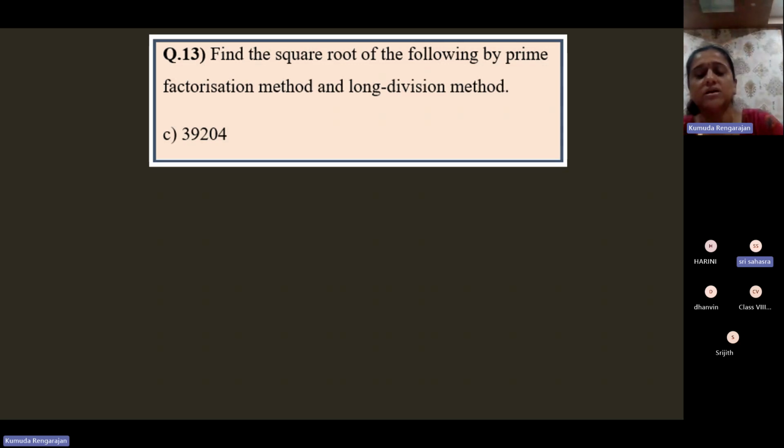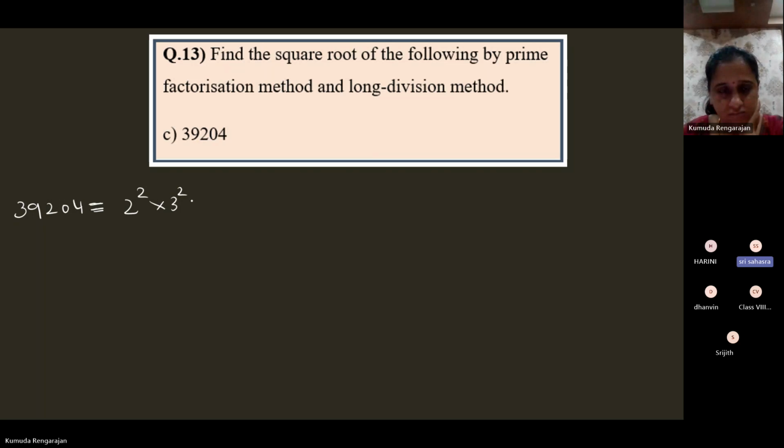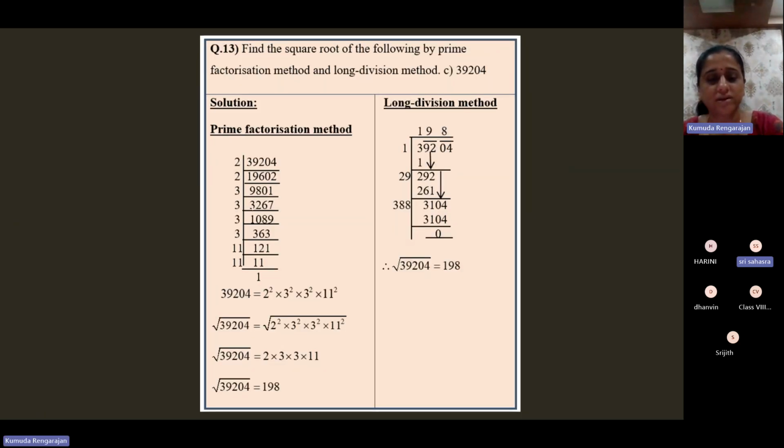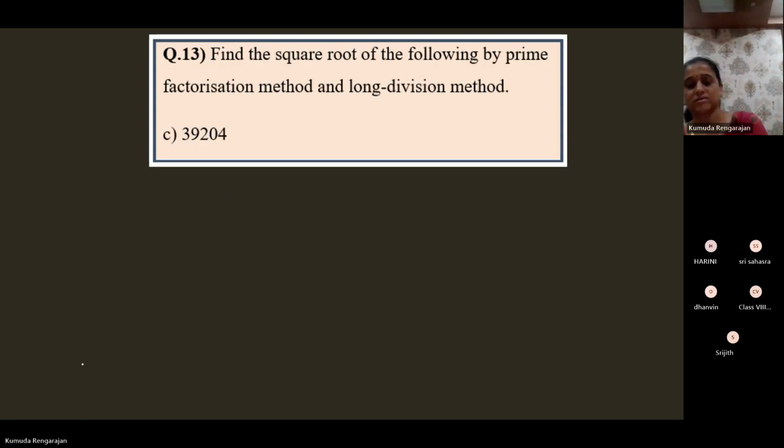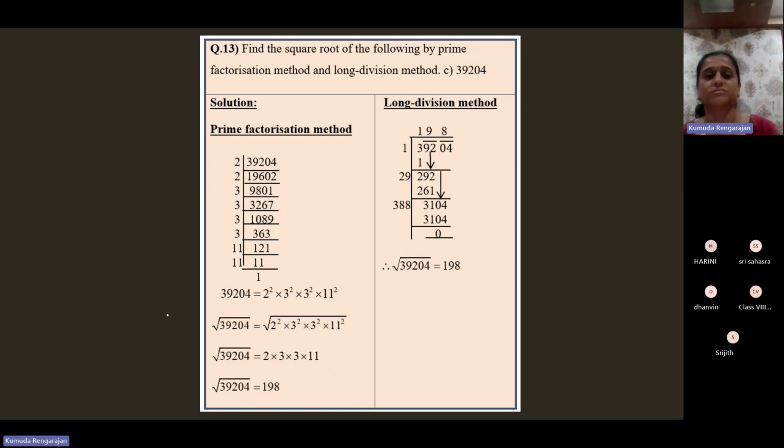You finished this? Okay, tell me, Sahasra. It's 198, ma'am. Yeah, correct. Have you completed the prime factorization method? Yes, ma'am. How do you express this number as a product of its prime factors? 2 into 2 into 3 into 3 into 3 into 3 into 11 into 11. All right, let's check. Very good. Very nice. Correct. Yeah, please check your steps in detail now, all of you.